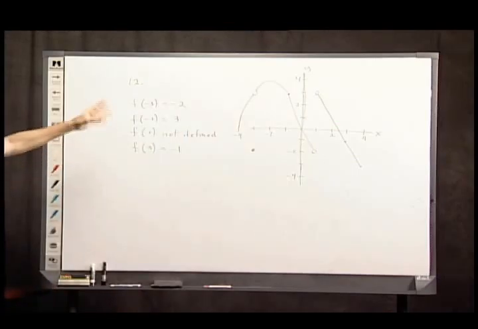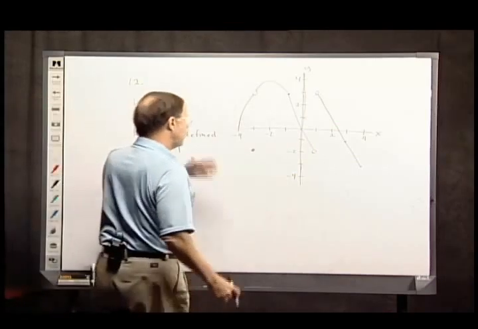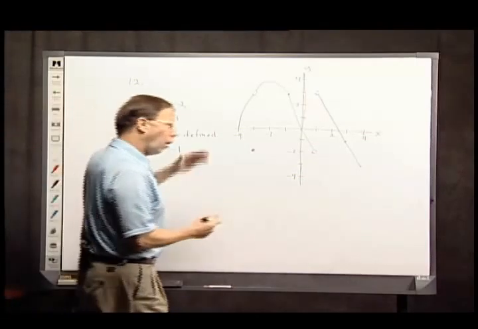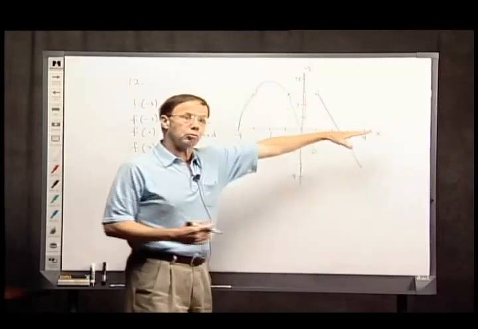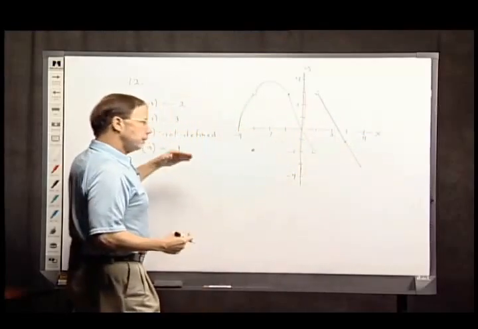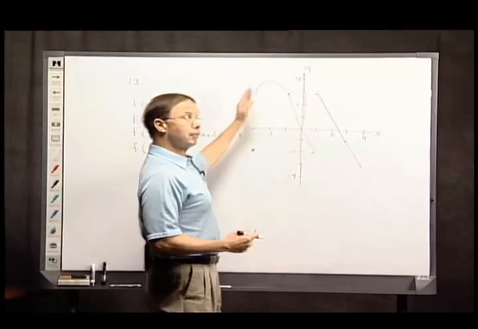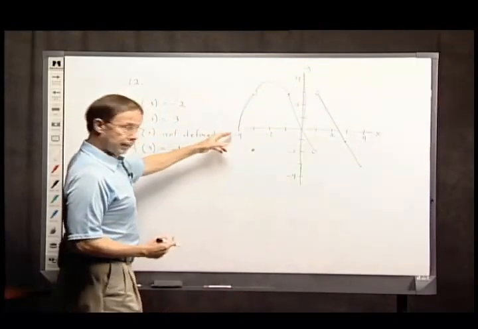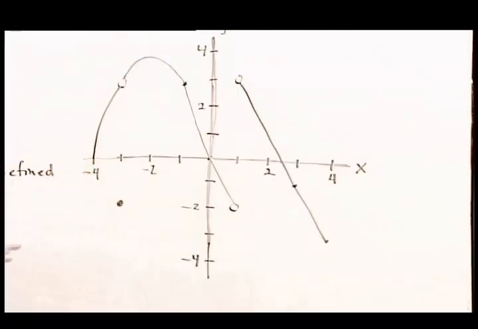I have other questions I'd like to address here. You'll hear questions about where the function is increasing or decreasing. We're always picturing ourselves moving to the right on the graph. The function is increasing if you're going up in that portion. And I can see here that I'm going up.